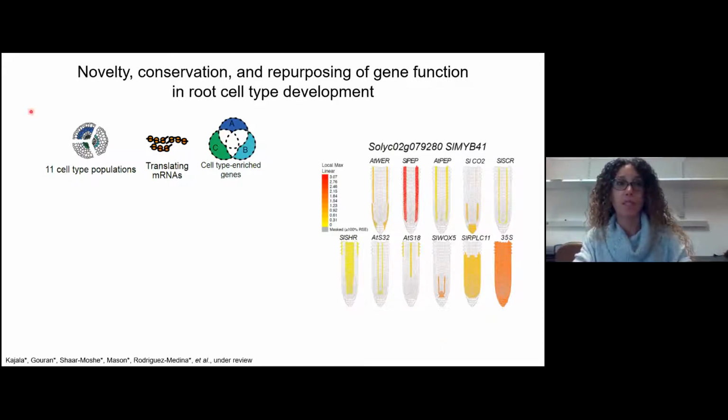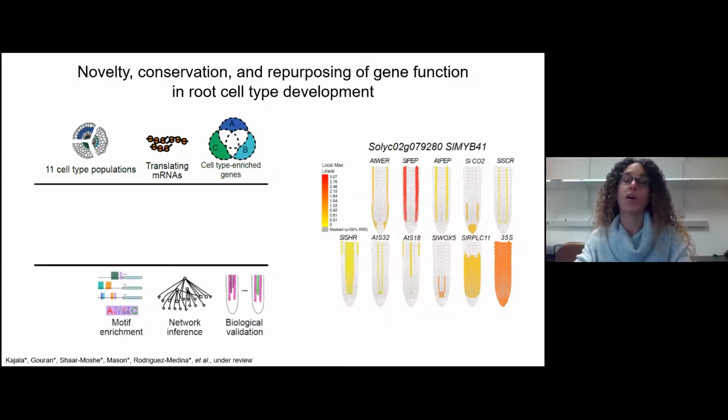This manuscript, titled Novelty, Conservation, and Repurposing of Gene Function in Root Cell Type Development, includes several stories. We use this translatome to identify enriched cell type and tissue genes and processes. And then we focused on xylem and exodermis development and function using motif enrichment, network inference, and biological validation.